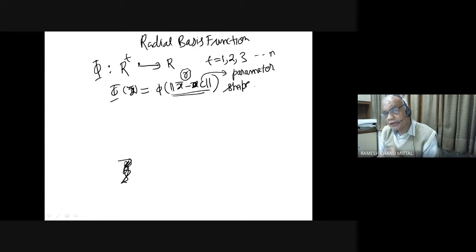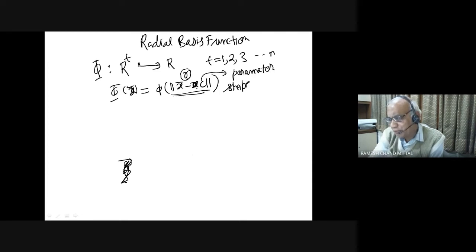What I mean to say is you have a vector belonging to p dimension, and you get a real value which depends on the distance of a point from a fixed point, which I call c here, and its definition will change with the dimension.